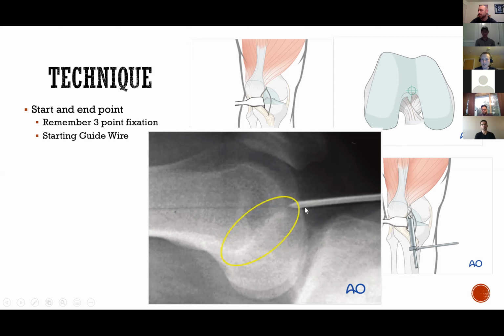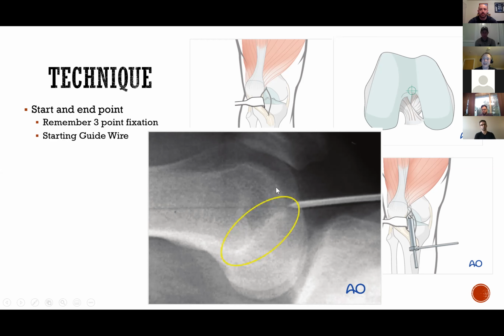Now, a caveat is you are never going to get the posterior condylar shadows to line up perfectly as well as the distal shadows, but there should be a most congruent image. We know that the medial distal femoral condyle projects more distally than the lateral femoral condyle, so it should always project a little bit farther. So you're never trying to line up the distal just perfectly, but you want it to look congruent.